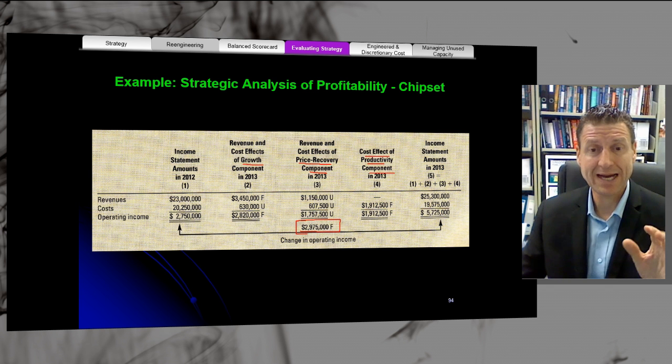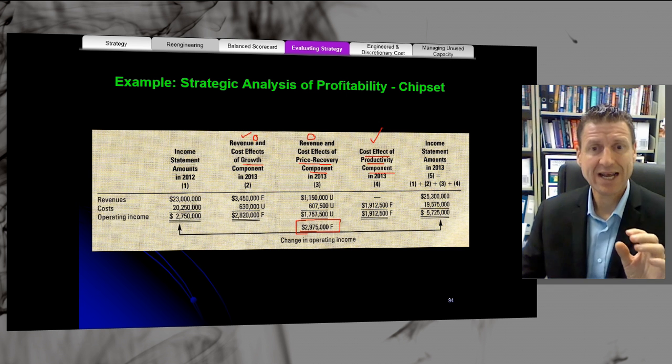There are three parts. Now remember, if you're a cost leader, then you're really focused on the growth component and the productivity component. But if you're a differentiator, you want to focus on the growth component and the price recovery component.